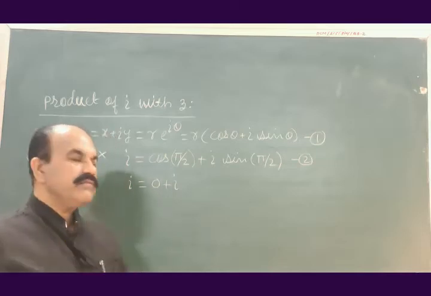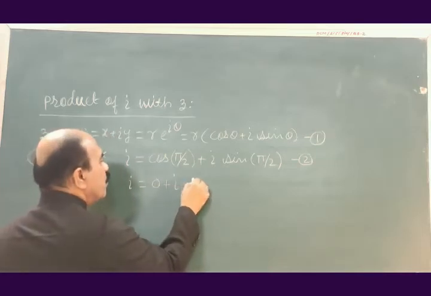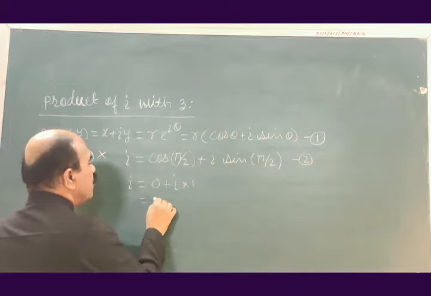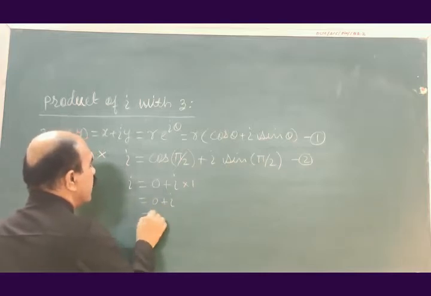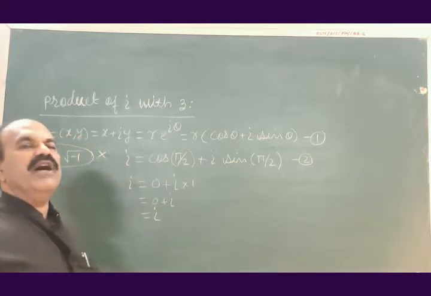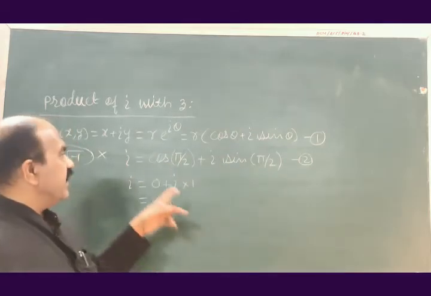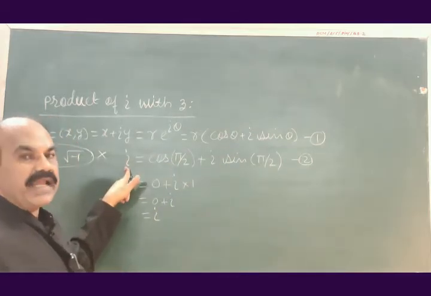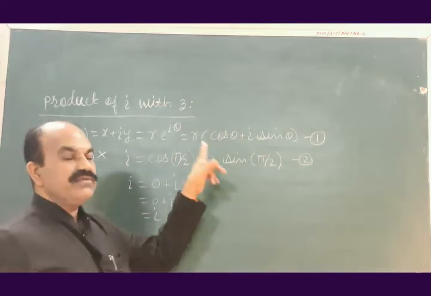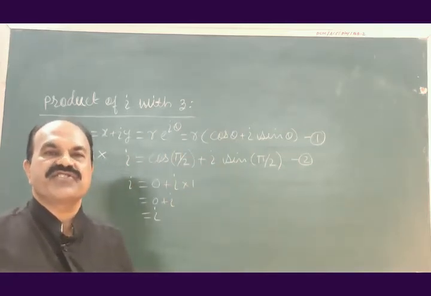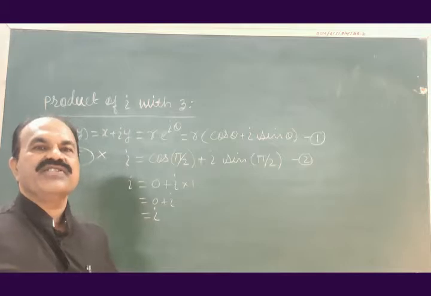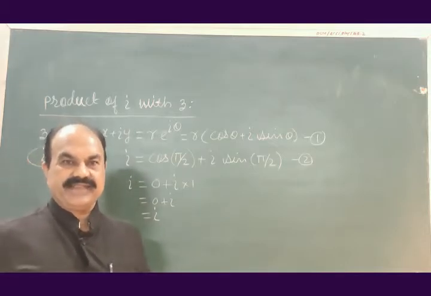It is plus 1. So 0 plus i into 1 is equal to i. It means that equation 2 written for i in terms of trigonometric functions sin and cos is correct.